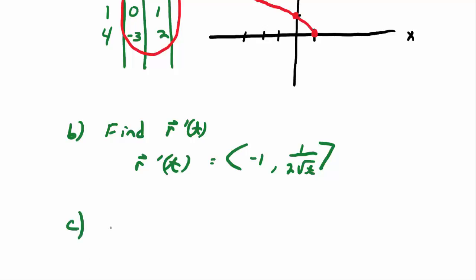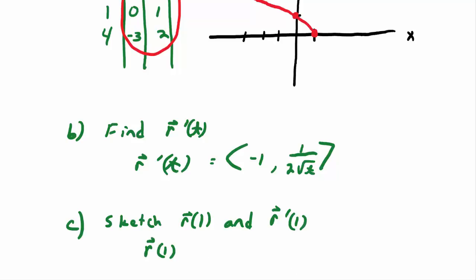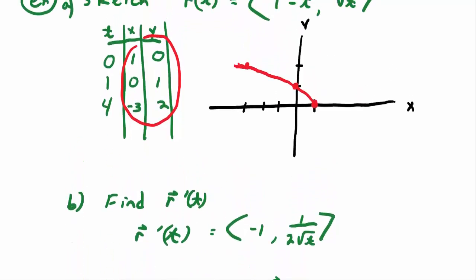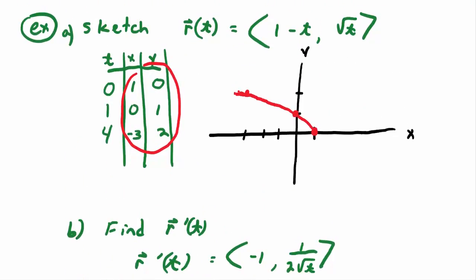Okay, I'm building to a point here. I want to sketch r of 1 and r prime of 1. So these are actually vectors, so I'm going to sketch those as arrows. What would r of 1 be? We actually already know that. r of 1 is just, when you put it on the curve, it's the point 0, 1.